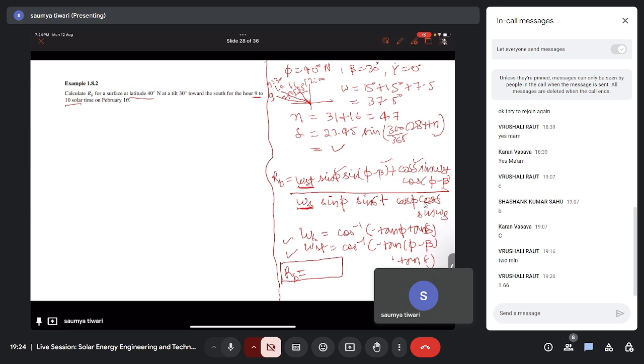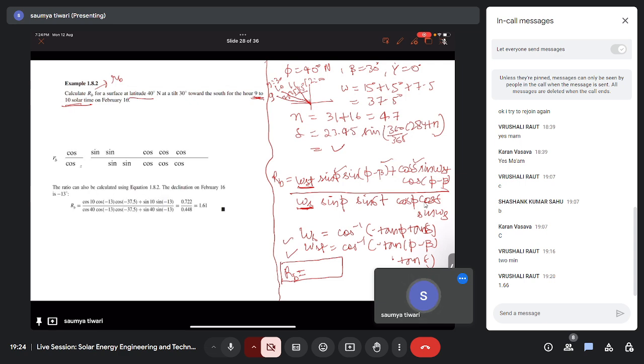Note that instead of capital RB we are talking about a small rb, just for this particular 9 to 10 solar time. So rb will be cos theta upon cos theta z.